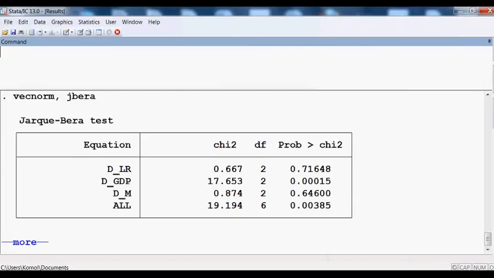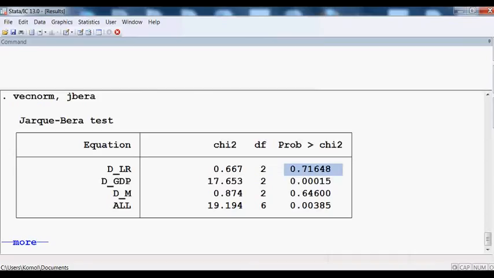Okay, so here you can see we have 3 models. One is DLR, DGDP and DM, and here DLR is actually our target model, and here the probability is 71.64%, the p-value. And what is our null hypothesis? The null hypothesis is the residuals are normally distributed, and that is desirable.